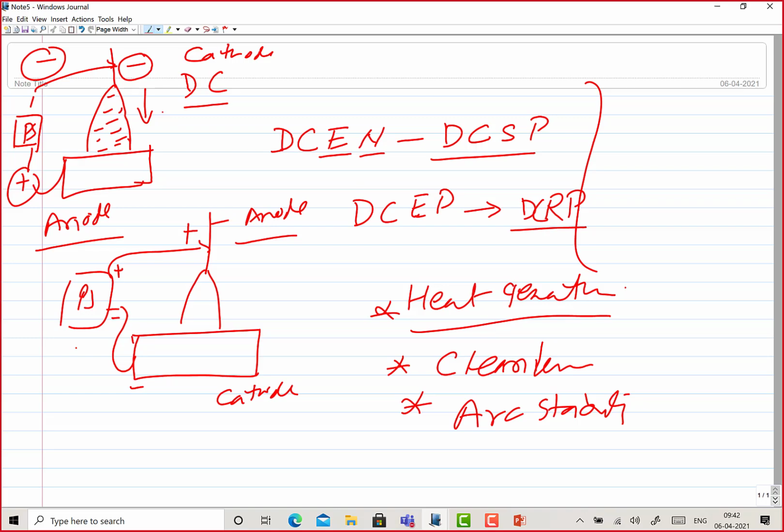When the electrode is made cathode, it has good electron emitting capability, because electrodes are manufactured in such a way, using suitable coatings in shielded metal arc welding, that they can emit electrons very easily.